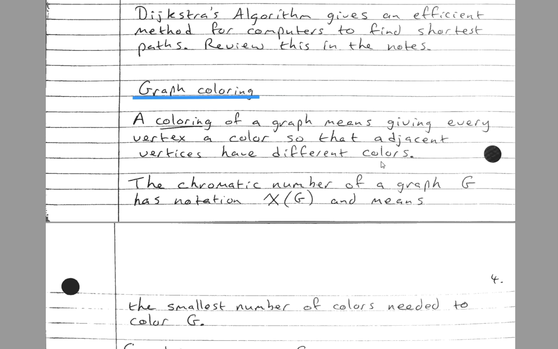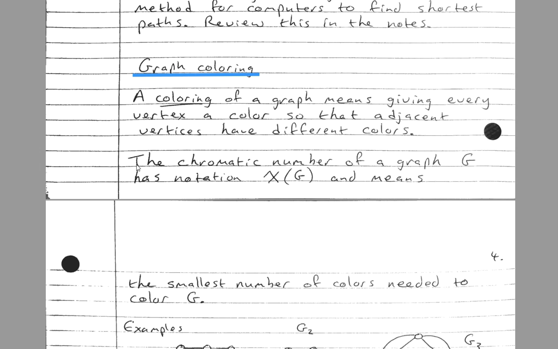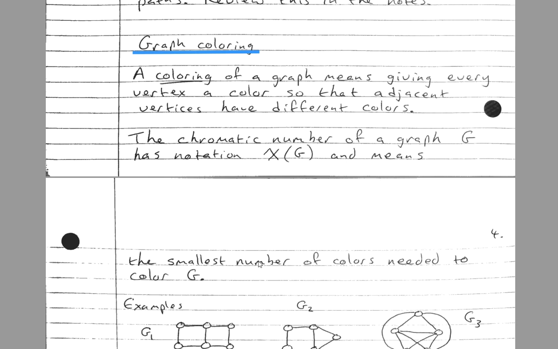We saw this with bipartite graphs, coloring them with just two colors, but most graphs will need more than two colors. The chromatic number of a graph, with this notation, Greek letter chi of G, means the smallest number of colors you need to color the graph G.